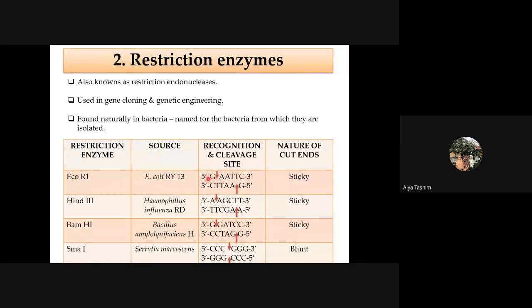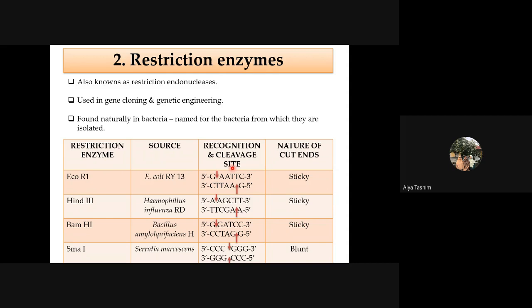So bila awak tengok sequence pada kedua-dua DNA strand ni, dia adalah sama for in both direction. Kalau tengok strand atas, dia baca GAATTC, bawah pun GAATTC. So this is what we call a palindromic sequence. Palindromic sequence maksudnya bacaan strand atas dengan strand bawah sama. In opposite direction, they are the same.